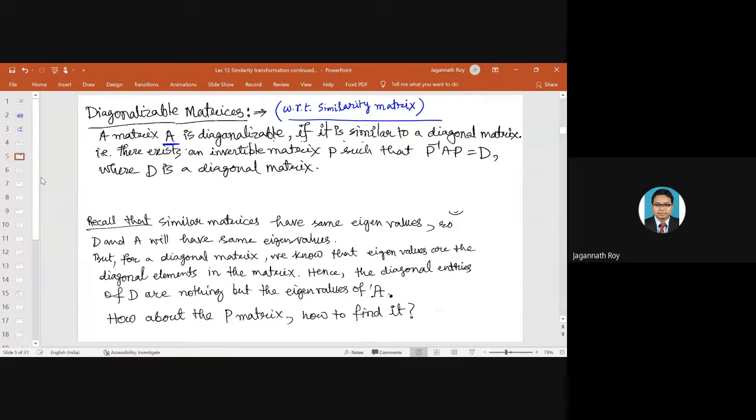Now, we have seen that finding the similarity matrix is not an easy task. So how to get this P matrix? You remember, if you consider this P as the model matrix, then our task will be easy. This model matrix is definitely going to be an invertible matrix, provided this particular matrix exists. If the model matrix does not exist, then we have to follow the difficult path for finding the similarity matrices.